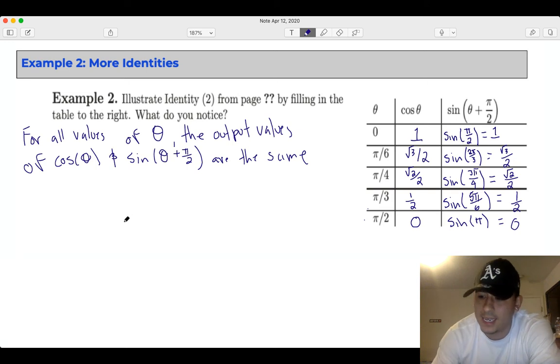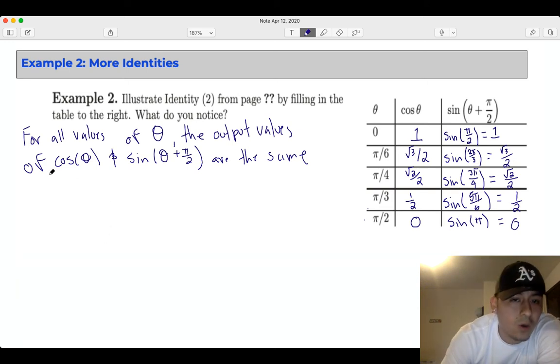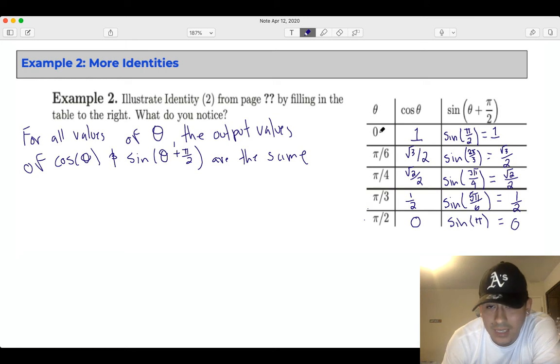And in fact, for all values of theta, not just the ones that we have in this table, this is going to be true.